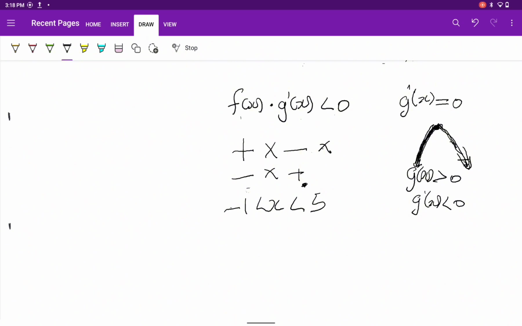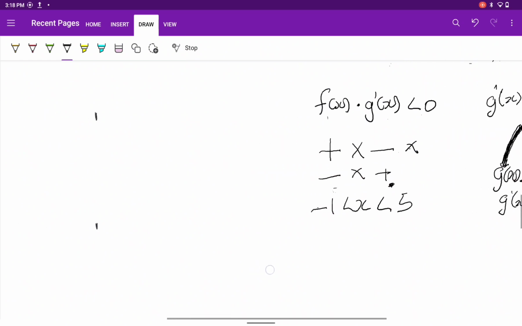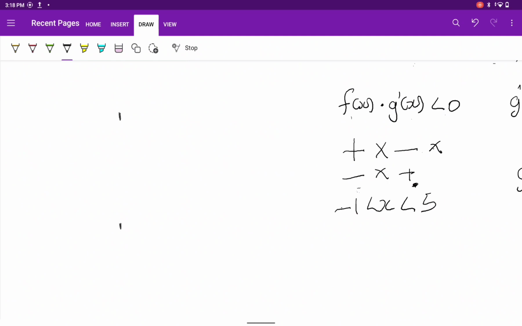Right. So maybe to emphasize this point further, let's say the question was different. Let's say we had the same question, but now it's vice versa. We have f prime x times g at x now is less than 0.